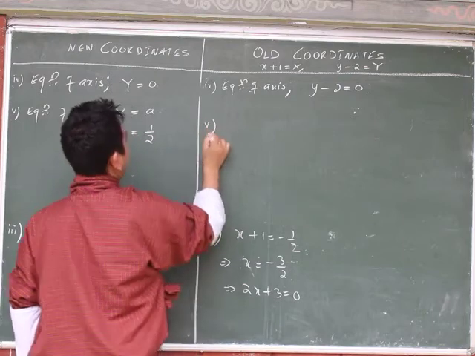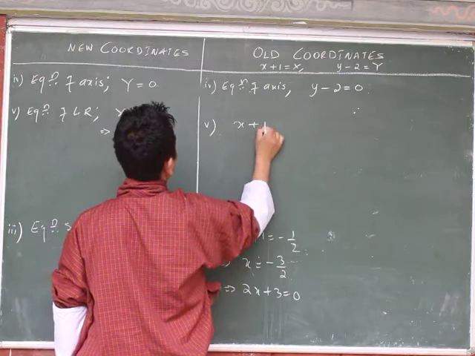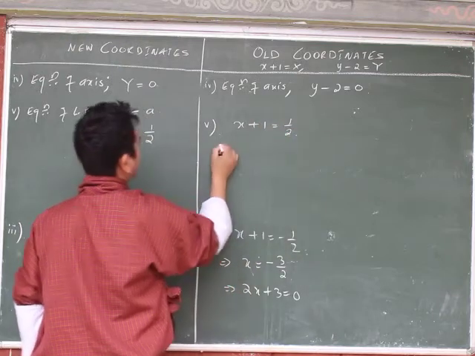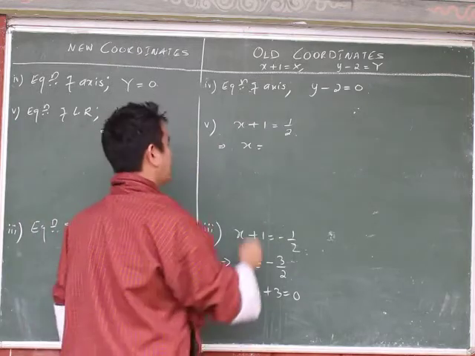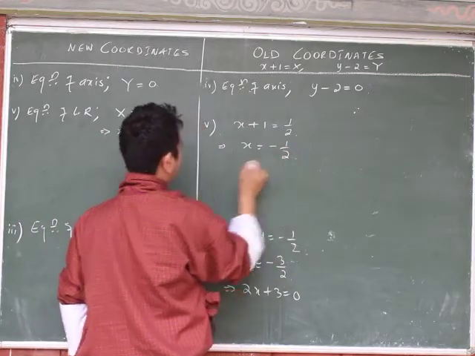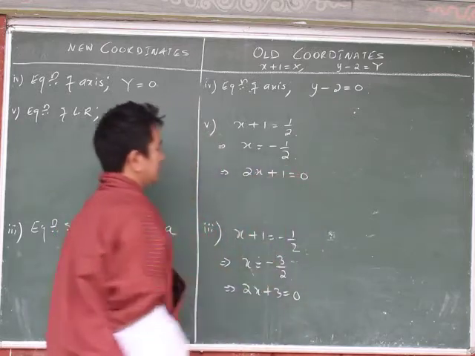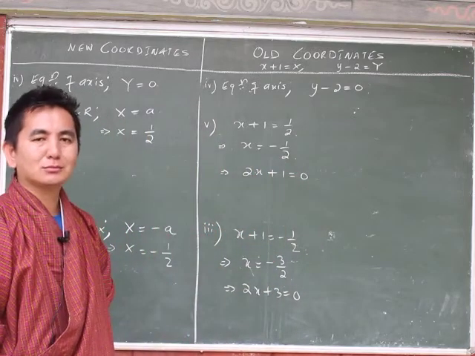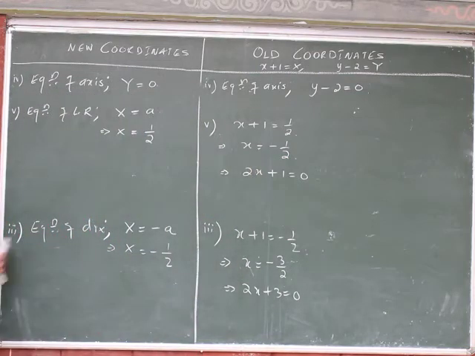So number 5, we have the equation of the latus rectum. Substitute there. X plus 1 is equal to 1 by 2. That implies X is equal to, taking 1 to that side, half minus 1 is minus 1 by 2. That implies 2x plus 1 is equal to 0. That is the equation of the latus rectum.